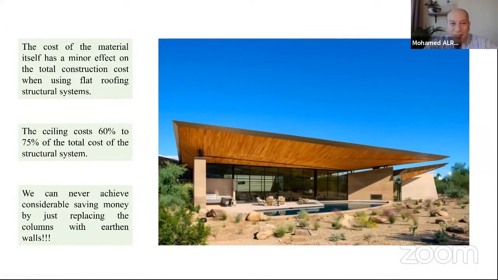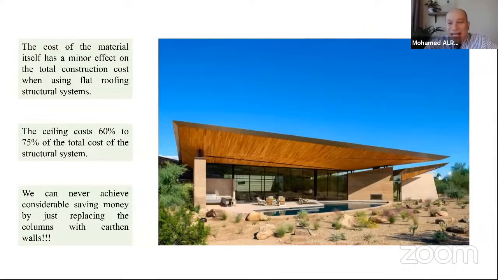Most of the applications we saw yesterday and everywhere over the internet don't know the fact that the ceiling itself may cost about 60% to 75% of the total cost of the structural system.